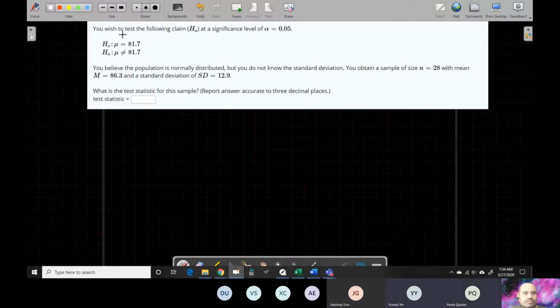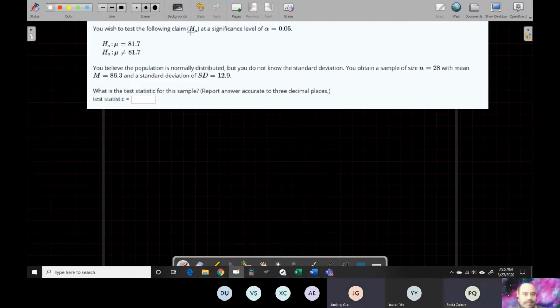It says you wish to test the following claim. So you have two statements. And remember, many times one of these statements is the one that you want to prove. You might want to prove HA is true, or you might want to try H0.